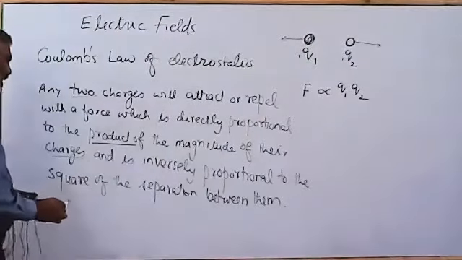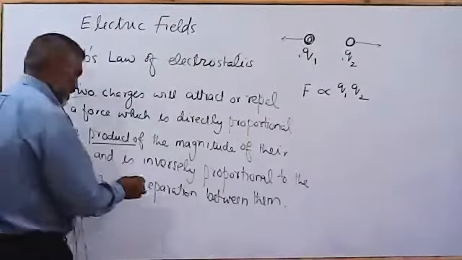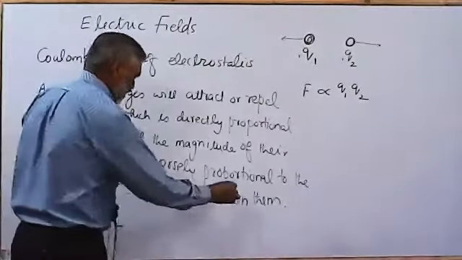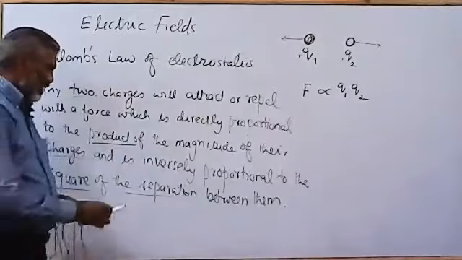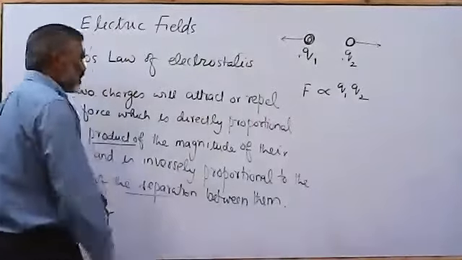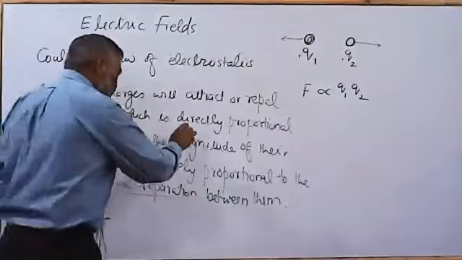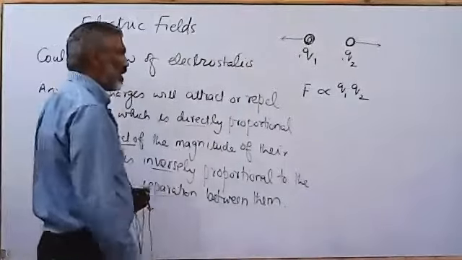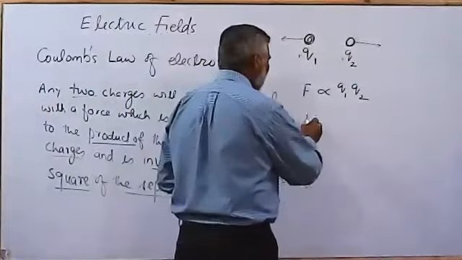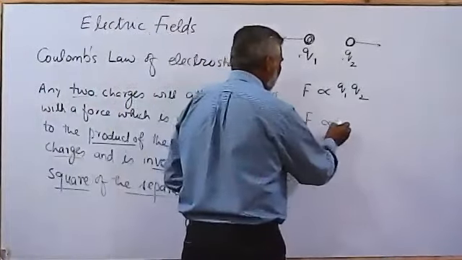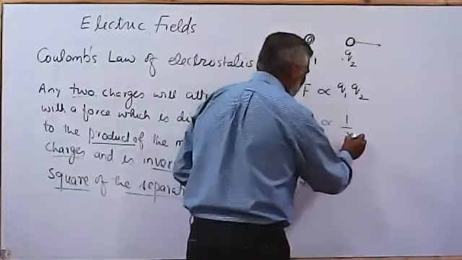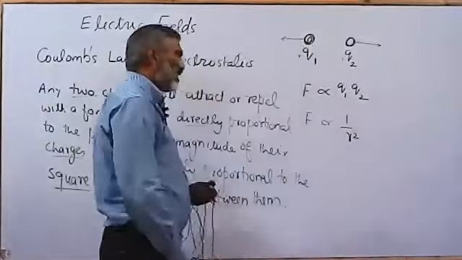The second thing on which this force depends is the square of the separation between the charges. And it is inversely proportional to it. It is directly proportional to the product, but is inversely proportional to the square of the distance between them. That means this force is inversely proportional to the square of the distance between two charges.